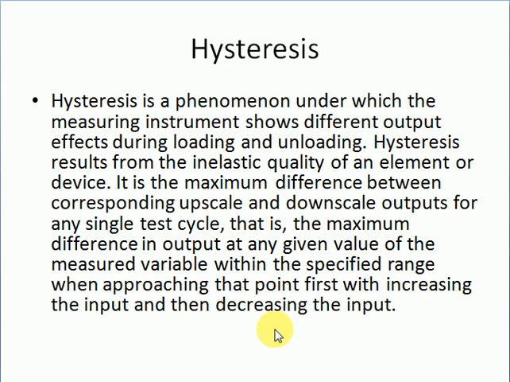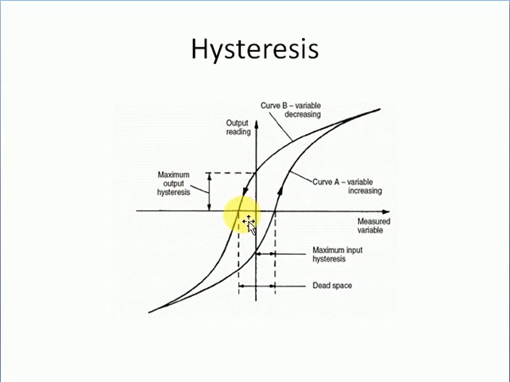Means when the input of an instrument is varied from 0 to its full scale, and then the input is decreased from its full scale value to 0, the output varies.